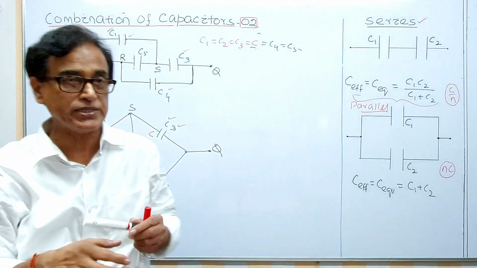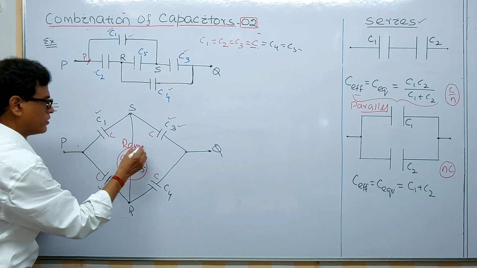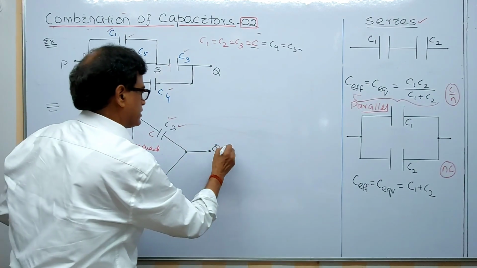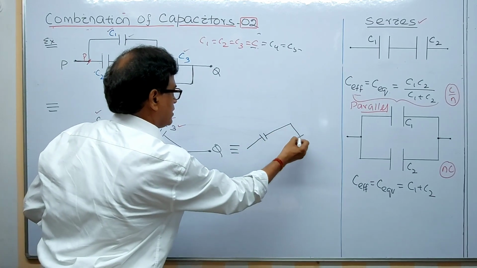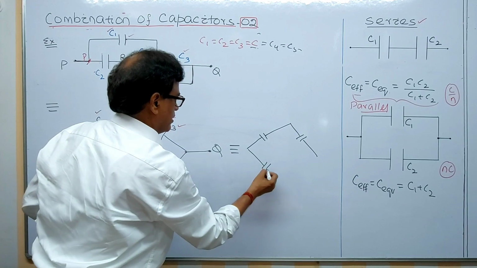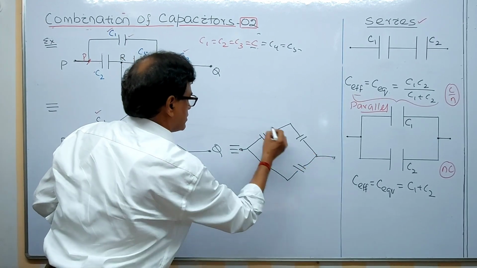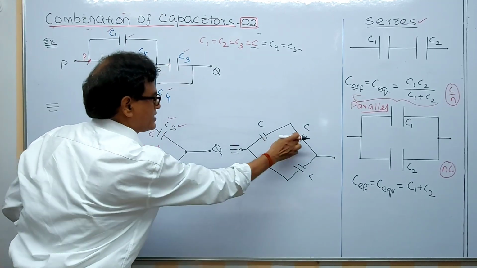In that case what happens? This should be removed from the equivalent circuit. Now as an equivalent circuit we can say you can have one capacitor, one capacitor, one capacitor, one capacitor like this. This is C, C, C, C. Again equivalent, this C, C in series.